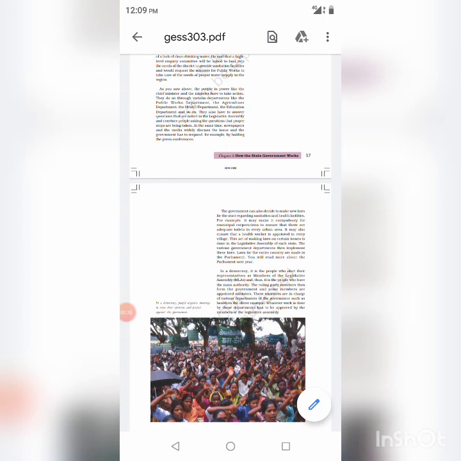Opposition party. The elected representatives who are not members of the ruling party belong to the opposition party. The representatives together play the role of questioning government decisions and actions. They also raise new issues for consideration in the assembly. Ruling party.